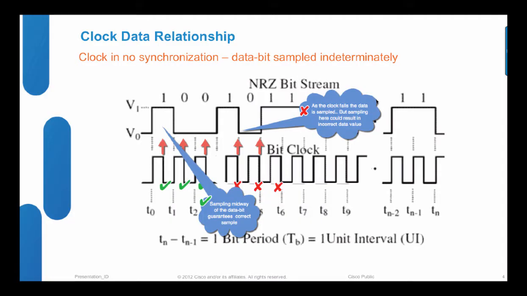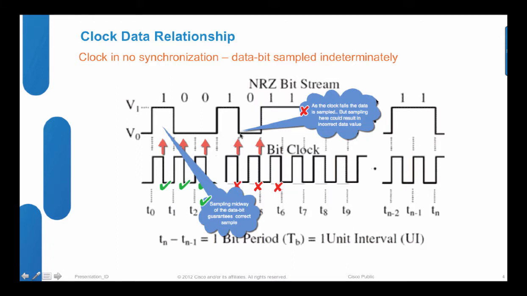So what happens when the clock becomes out of sync with the data? On the left you can see everything is fine. In this case we're sampling on the falling clock, and we're getting a snapshot in between each bit period. But this example here shows where the clock has slipped, and in this scenario the falling clock edge tells the receiver to snapshot the incoming data.